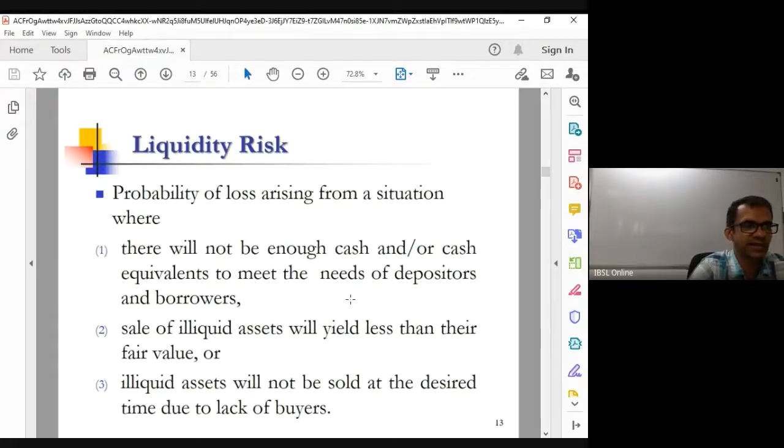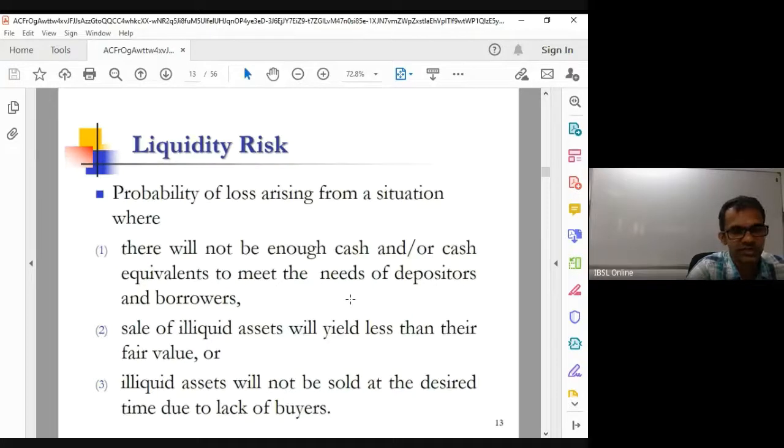What does it mean by cash equivalents? Very liquid assets. Anytime you can liquidate it and generate cash, like treasury bonds, treasury bills, things like that. You can go to the market, sell that asset and generate cash. It doesn't matter that you bought a government bill paying 100 rupees, say 90 rupees, and now its value is only 85 rupees.